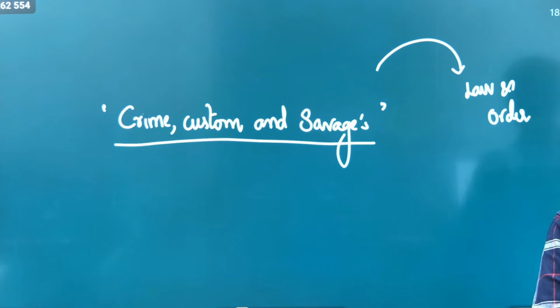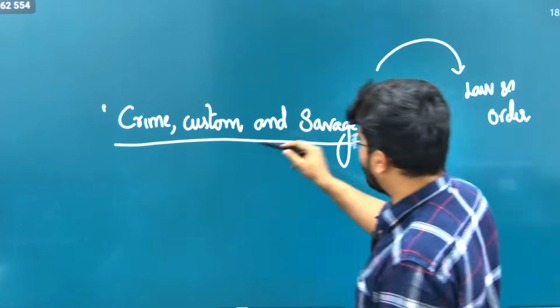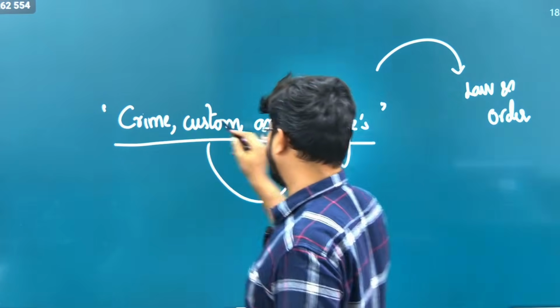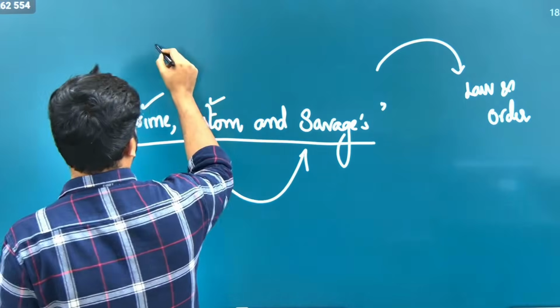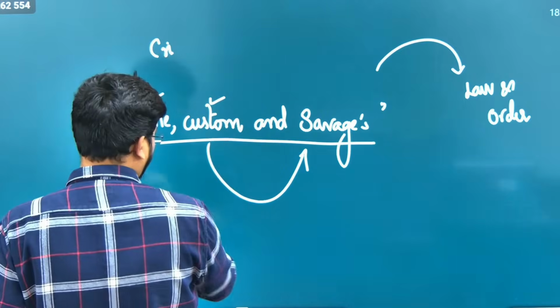If you notice, among the indigenous communities, law and order is not based upon centralized institutions. Rather, it is based upon traditional customs. So the name of the work is Crime and Custom in Savage Society.